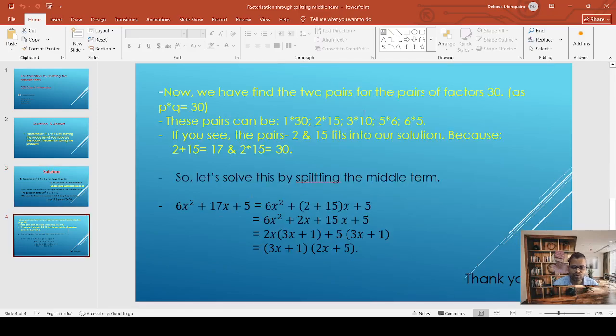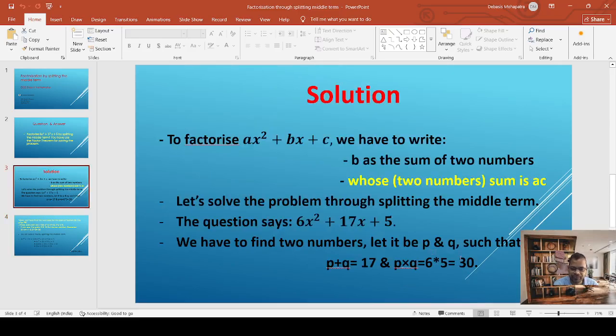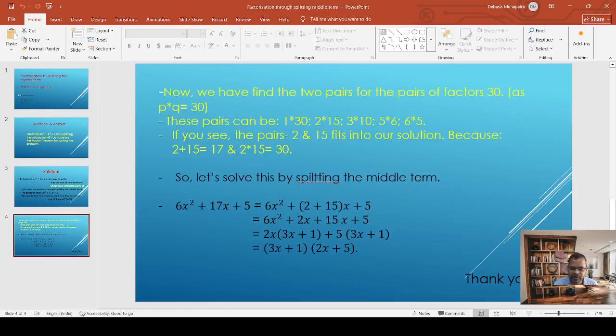Now we have to find out the pairs of factors of 30. So we have to approach the multiplication part first. The product of these two numbers is 30. So we have to find out which are the pairs which can make 30.